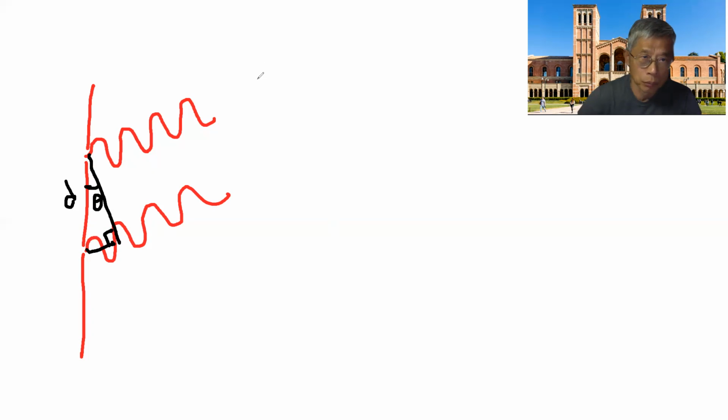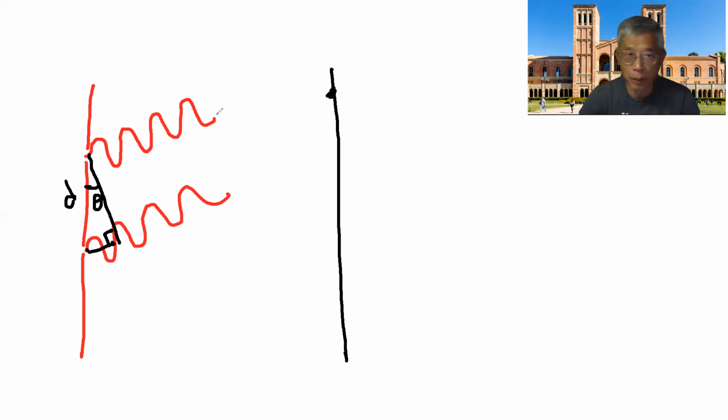So when they arrive at this side here, they're going to have interference, right? Let's say at this spot right there. This is far away, right? So eventually these two waves join each other and interfere right there.